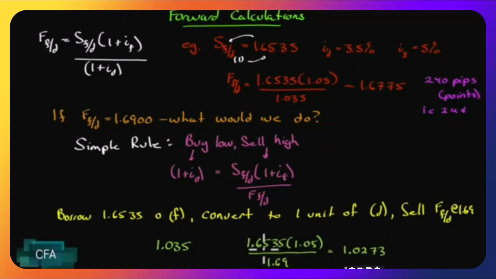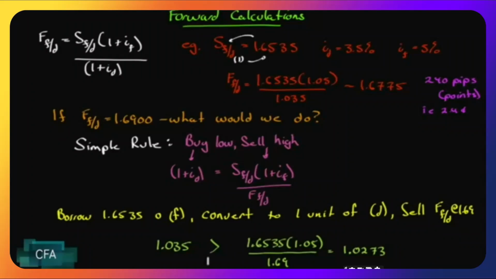Borrowing the money and having it grow at the interest rate gives the value of the loan we have to pay off, but we've entered into an exchange rate at 1.69, so we would need 1.0273 of our domestic currency to pay off the loan at that forward rate. However, the $1 we converted grew to 1.035. We only need 1.0273 to pay off that loan. There we go. So there is your arbitrage argument.